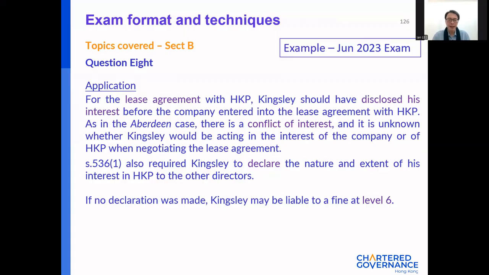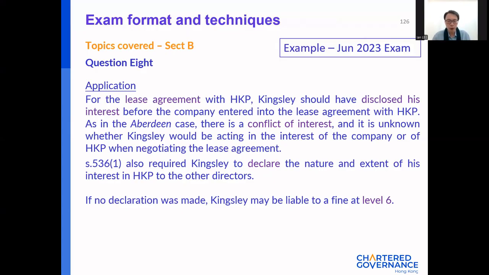Was he acting as director, negotiating the lease agreement in the interest of this company, or was he doing the negotiation for the benefit of the other company? So if it is for the benefit of the other company, the rents payable may be higher than necessary and vice versa. So that's why there's a conflict of interest.